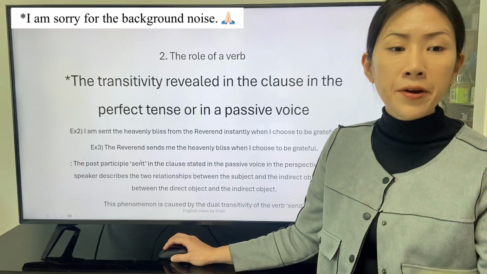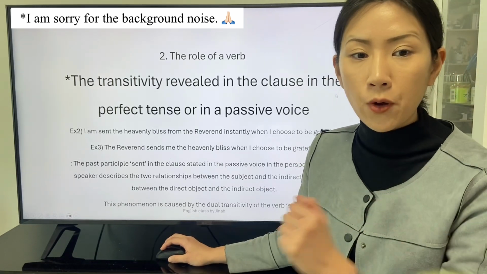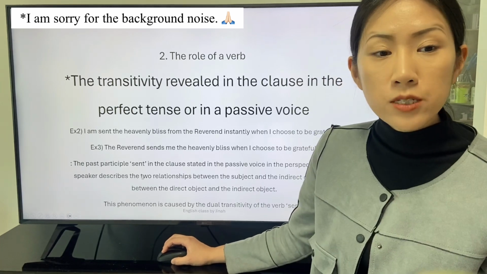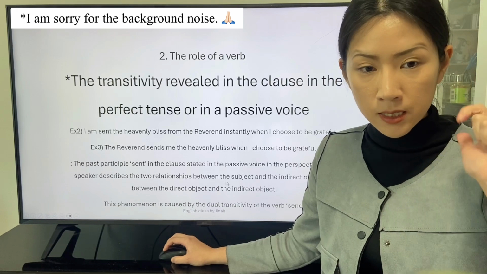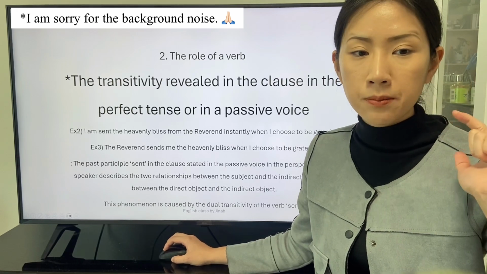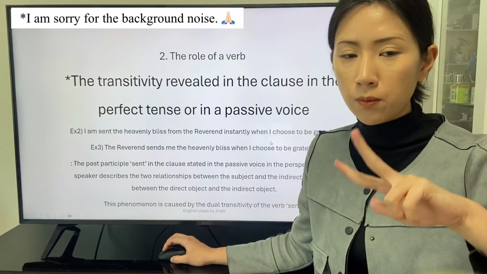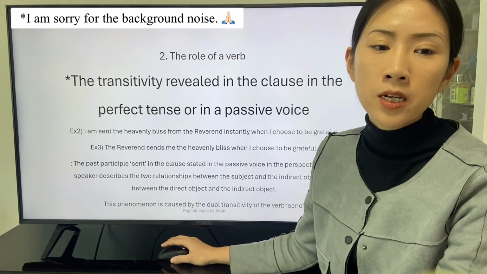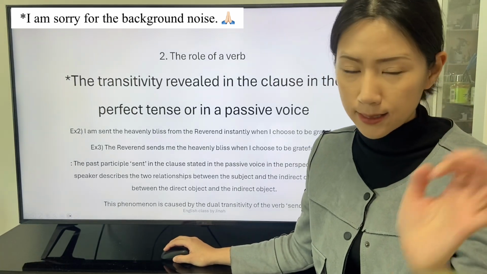The past participle sent in the clause stated in the passive voice from the perspective of the speaker describes the two relationships between the subject and the indirect object and between the direct object and the indirect object. This phenomenon is caused by the dual transitivity of the verb send.